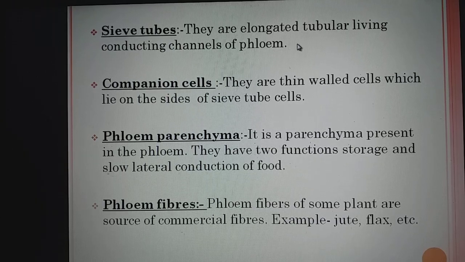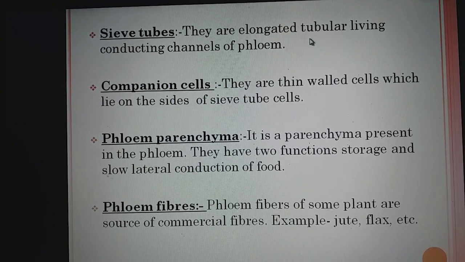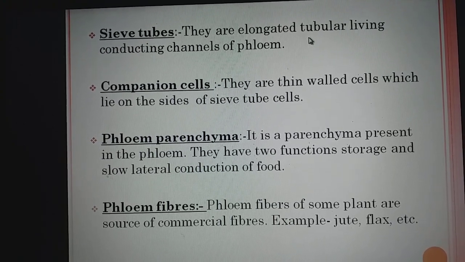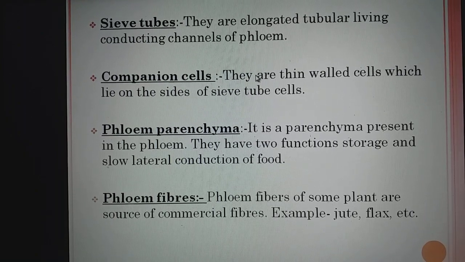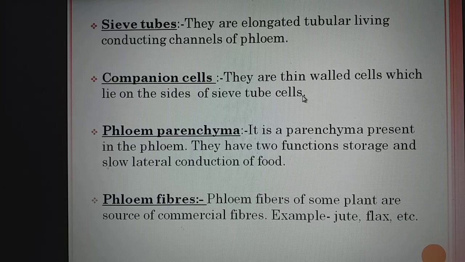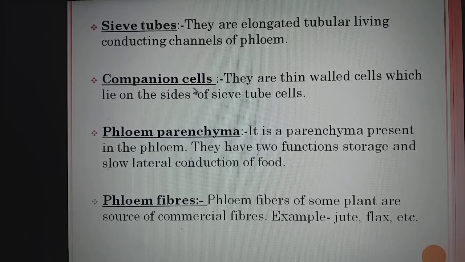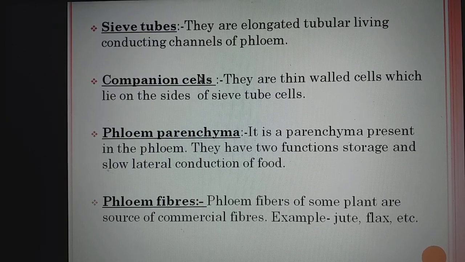Sieve tubes are elongated tube-like conducting channels of phloem which help to conduct the food. Next is the companion cell. They are thin-walled cells which lie on the side of the sieve tube cell. You will find in the diagram that the companion cell lies parallel to the sieve tube.